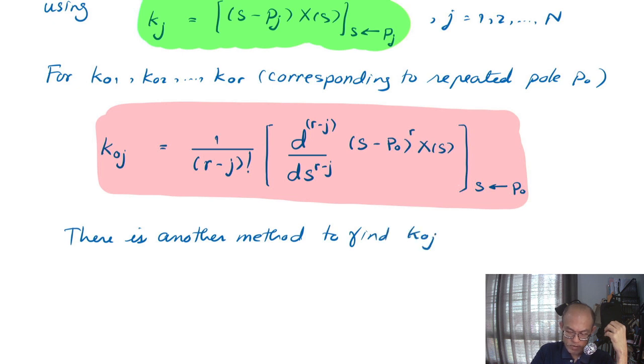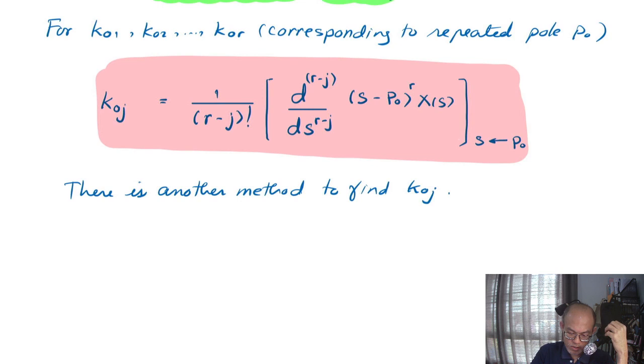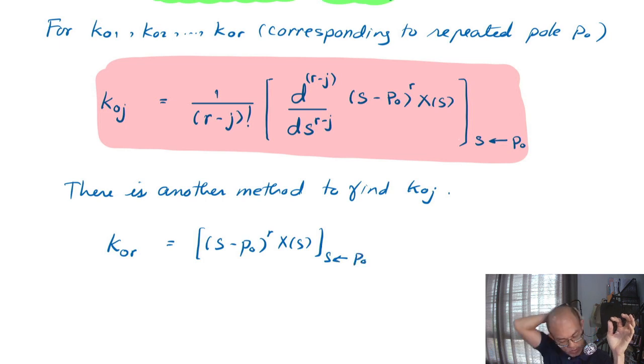Okay, and that begins with, first you have to find k0r. k0r is easy. You don't have to differentiate anything. Just plug in (s minus p0) to the r times X(s), and then plug in s as p0, and then you can find k0r.